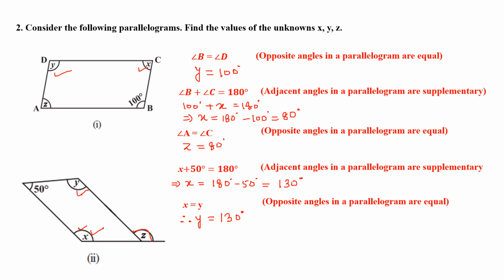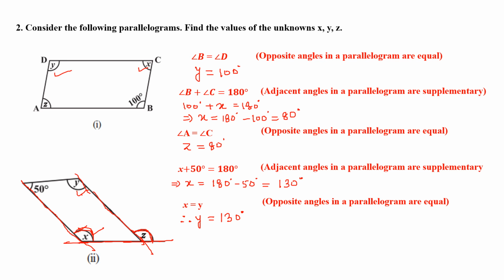So we know that in a parallelogram, the opposite sides are parallel, right? So if I consider this line and this line as parallel, okay, these two are parallel, then this is my transversal, right? And when these two parallel lines are cut by a transversal, then the corresponding angles will be equal. And if you see here, angle x and angle z, they are corresponding angles, okay?